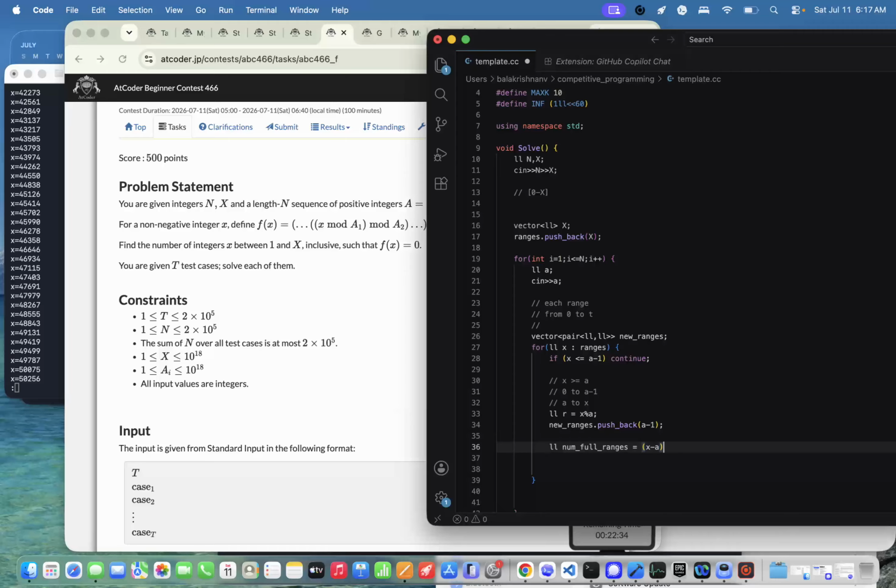X minus a divided by a. That makes sense.